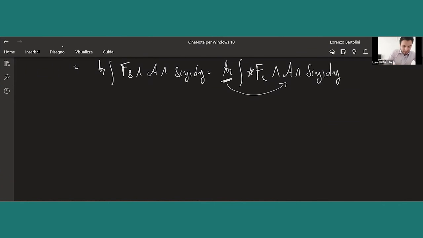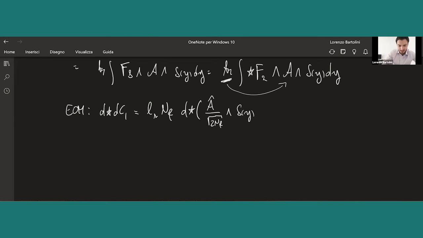So the equation of motion for the C1 form is now given by d star d C1, and this comes from the kinetic term of the C1, which I didn't write here, but is part of the supergravity action. And here you have this source essentially, NF d star A, wedge delta, dy.